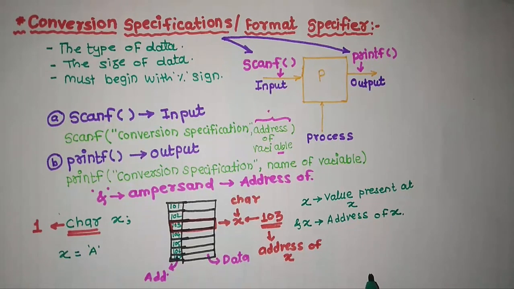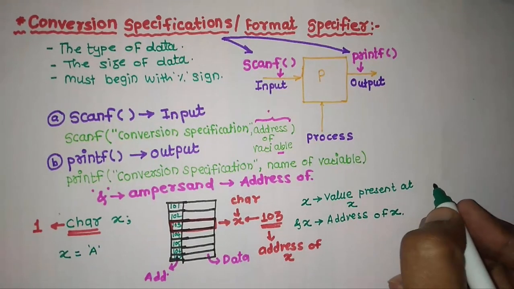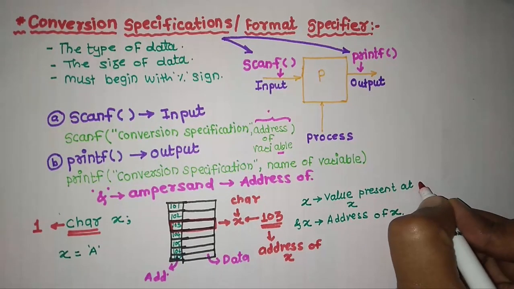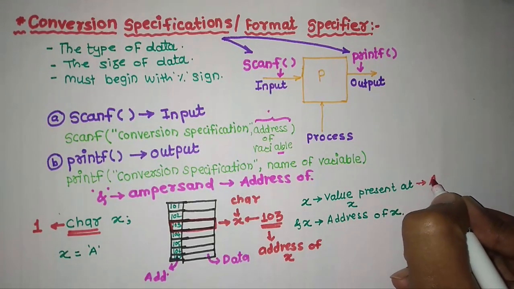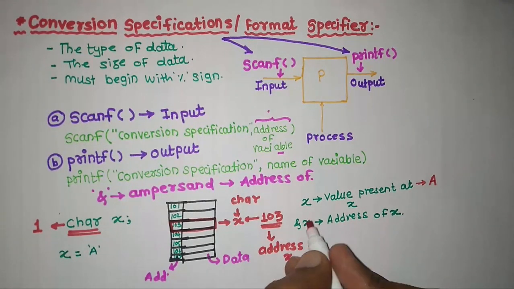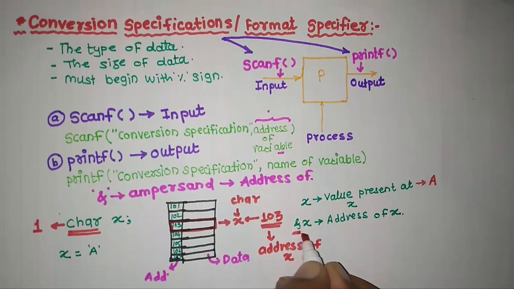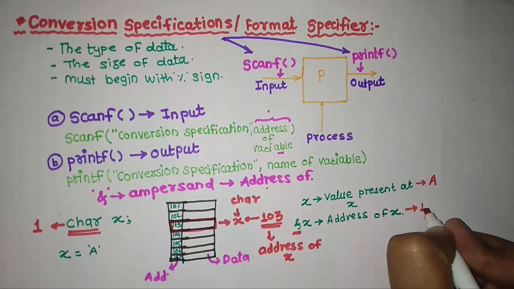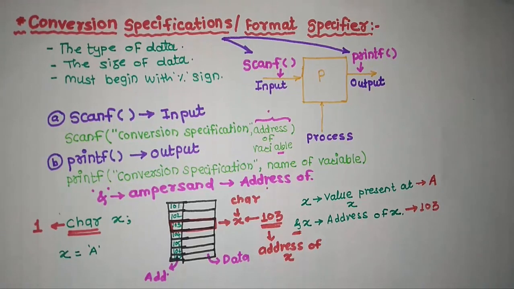At the output side, by using a proper conversion specifier, if we print the value of x, then the output we get is simply a. But when we use this ampersand, which returns the address of variable x, we will get the output as 103. So in this way, the ampersand works.